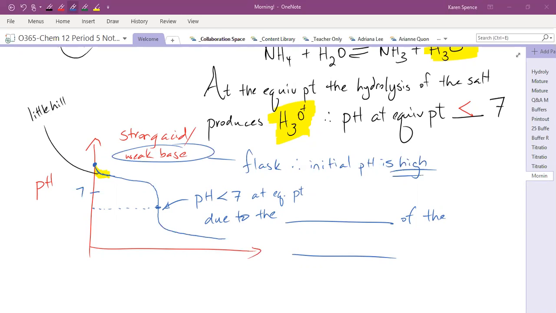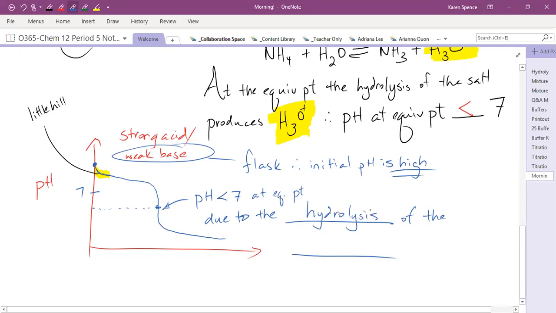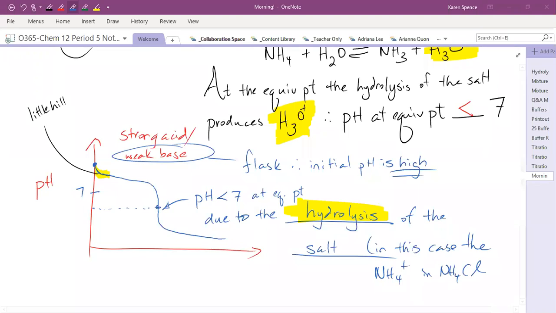Due to the hydrolysis of the NH4, yeah. So if the pH is not 7, it's always going to be due to hydrolysis. And that's going to be the hydrolysis of whatever salt you have.